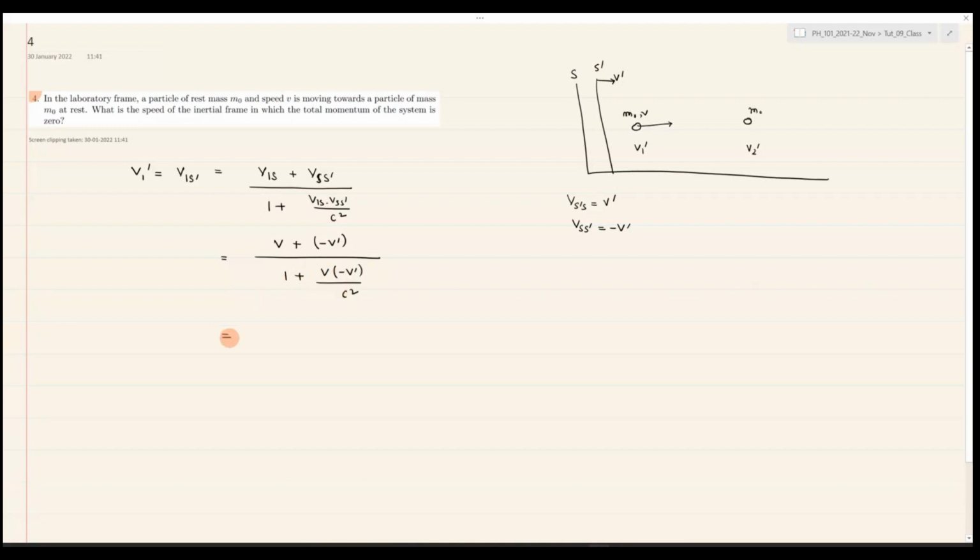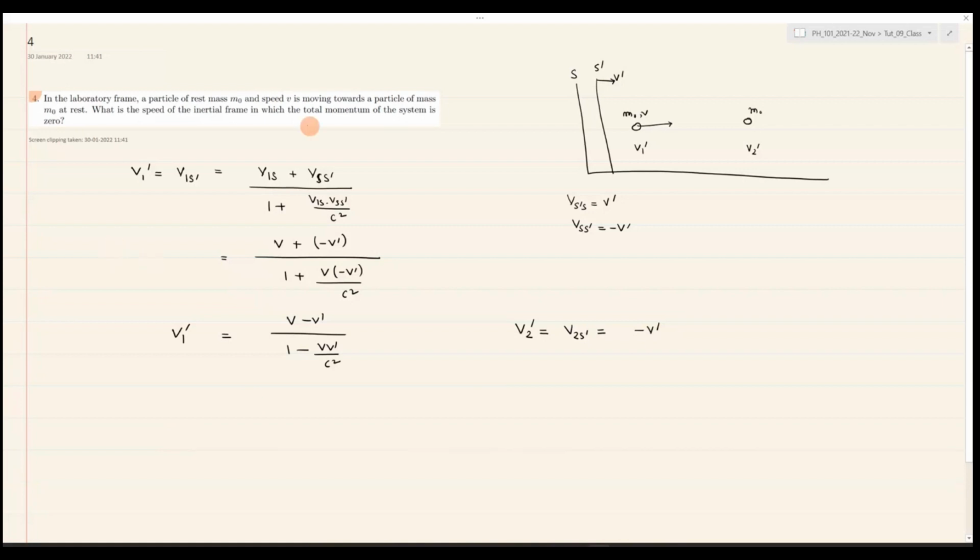This will be the speed v minus v prime by 1 minus v v prime by c square. This will be the speed of 1 in the S prime frame. In the same way, what will be the speed of 2 in the S prime frame? It will be minus v prime.